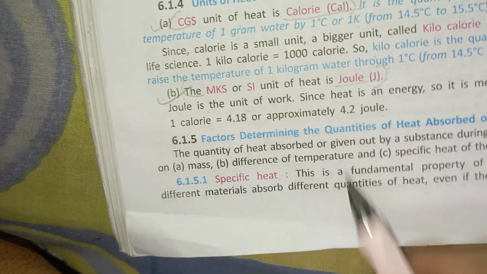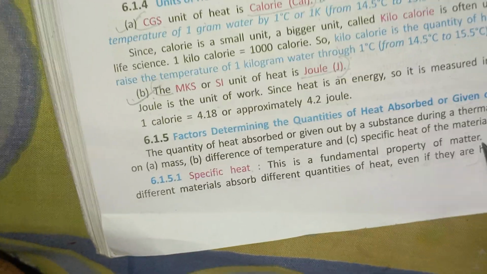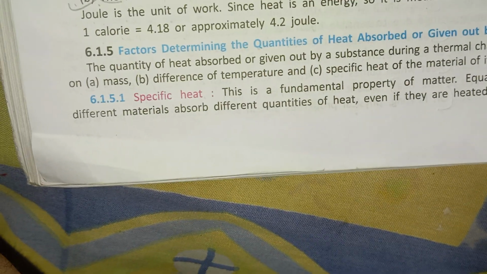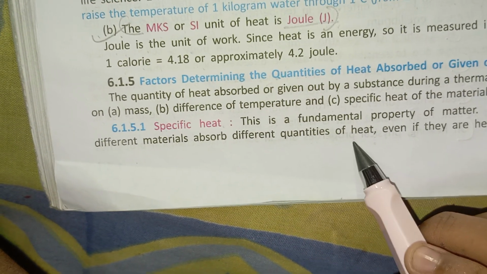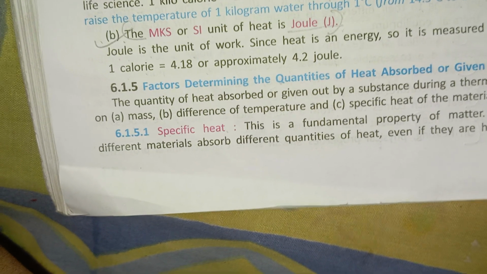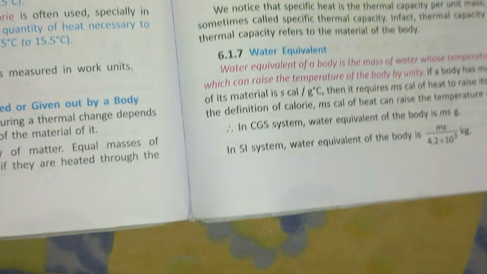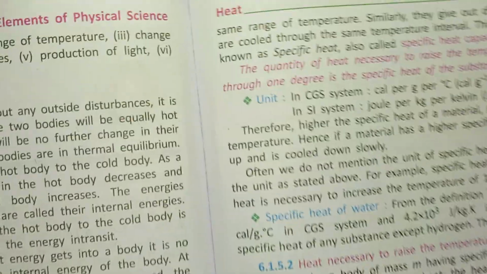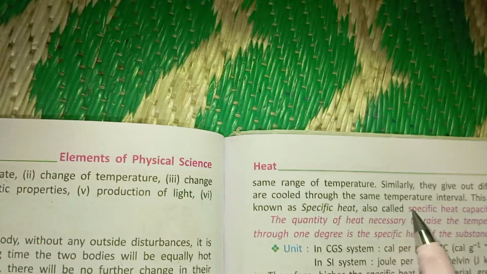6.1.5.1 Specific heat. This is a fundamental property of matter. Equal masses of different materials absorb different quantities of heat, even if they are heated through the same range of temperature.